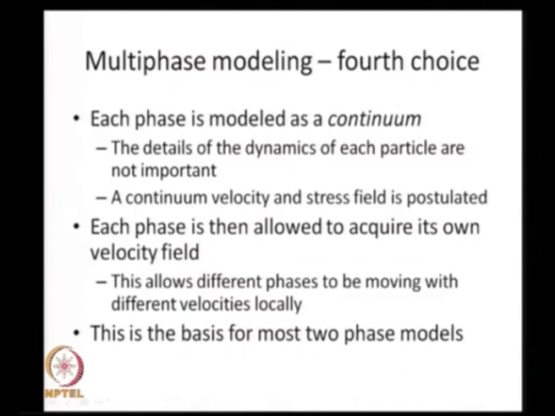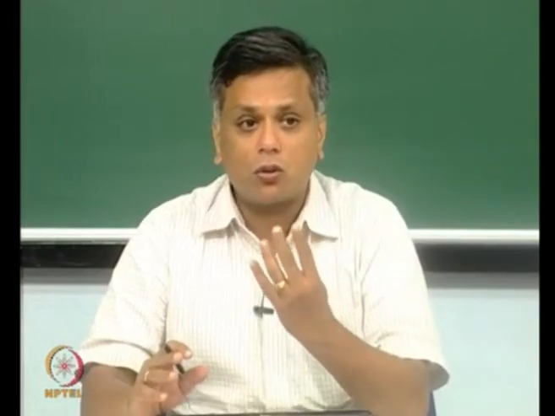The fourth choice is where I am looking at each phase as a continuum. So, here I have the air phase and the drop phase, we have already defined these terms. The moment I write drop phase, you know the resolution at which you have to take this picture, you also know the grid requirement.